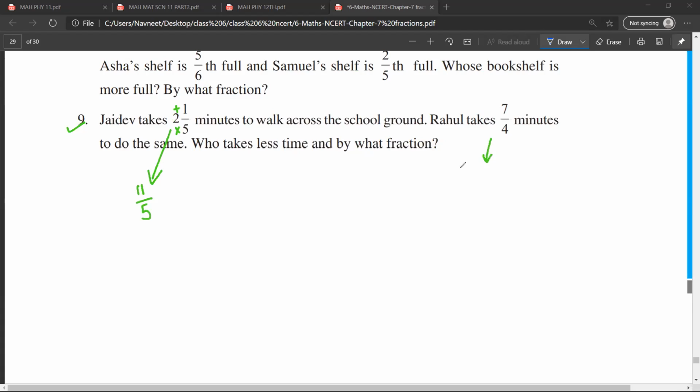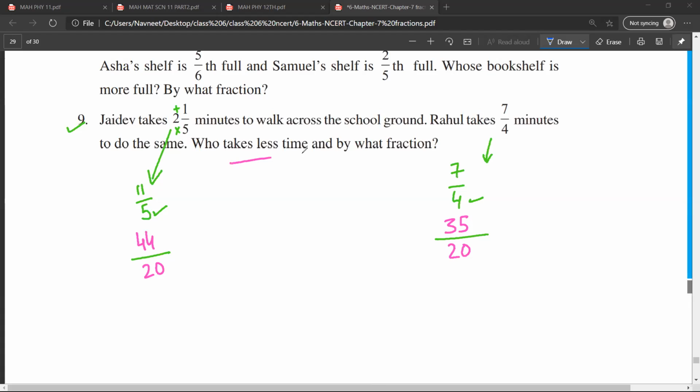This is already 7 by 4. LCM of 5 and 4 would be 20. So this would be 44 by 20. This would be 35 by 20.